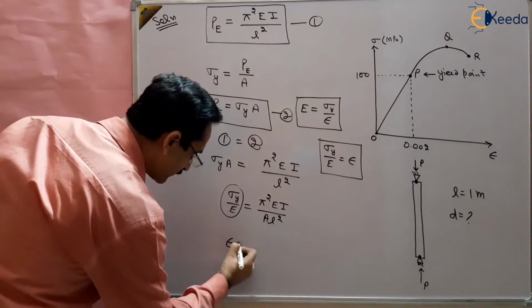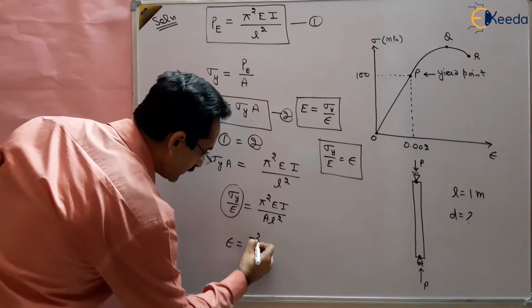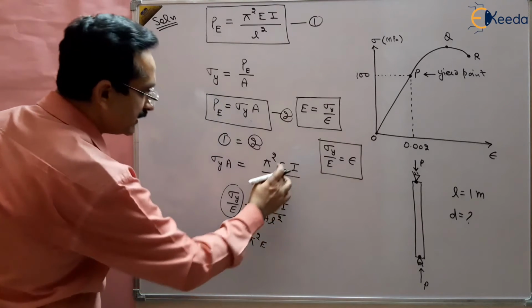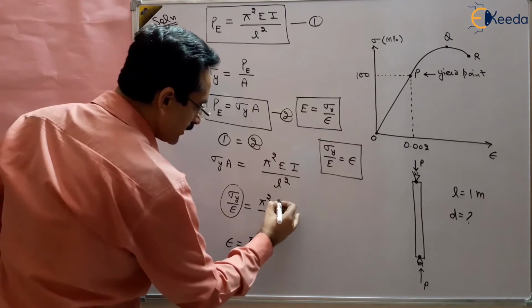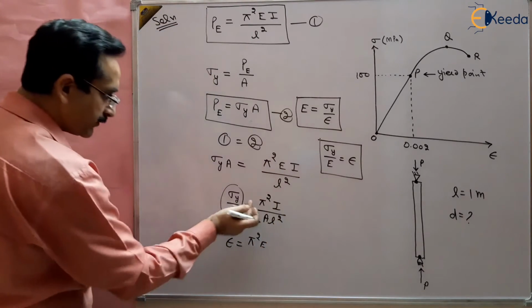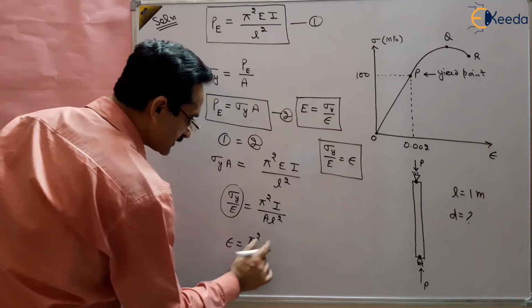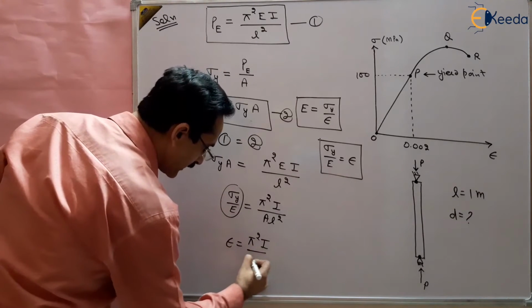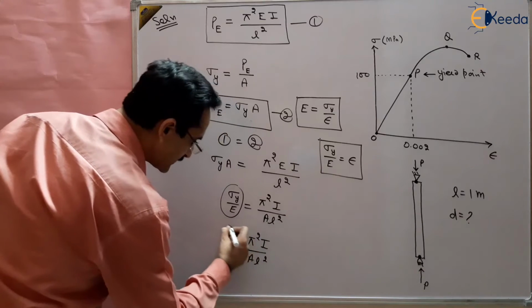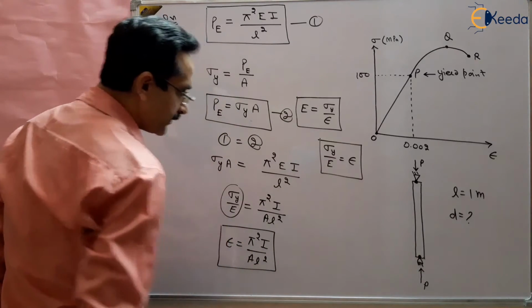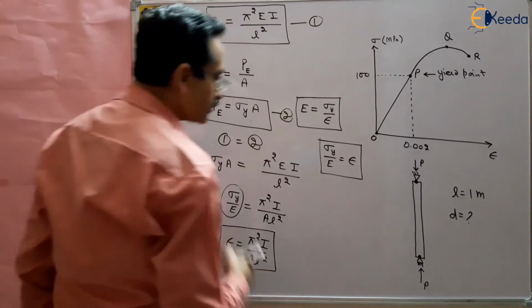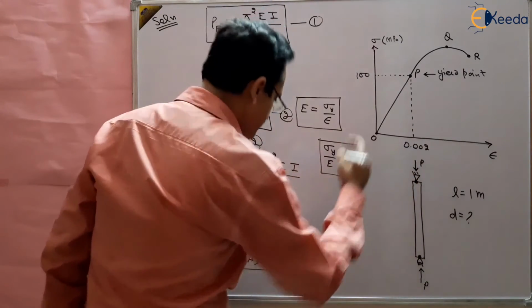So strain will be equal to pi square I upon A L square, since E is now removed and taken into the denominator on the left hand side. So this is the strain, and it is known to us, 0.002.